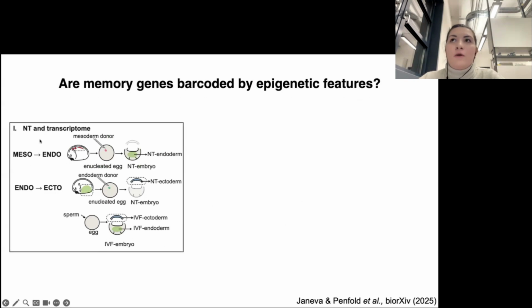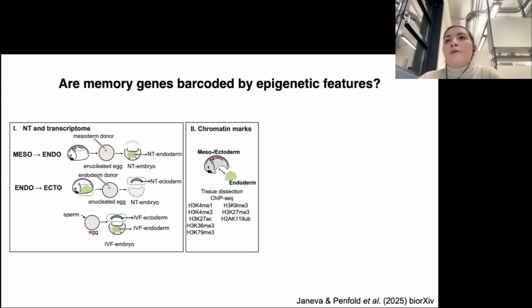First, from mesoderm to endoderm, and second, from endoderm to ectoderm. And we collected the tissues from the donor cells and from the reprogrammed cells. As a control for the normal transcriptome, we collected tissues from in vitro fertilized embryos. And then we also profiled a long list of chromatin marks, which were both active or repressive.